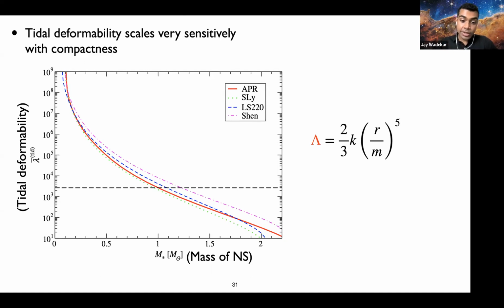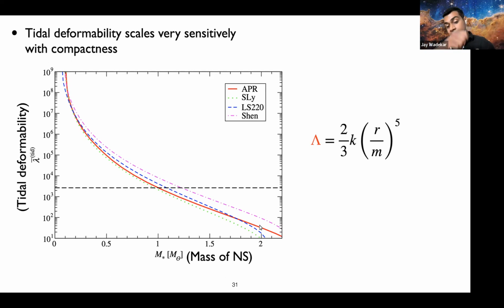Okay, so let me go back to this formula that I was showing. The tidal deformability is given by the love number times the compactness of the object to the power 5. People in the audience are more expert than me on this point.